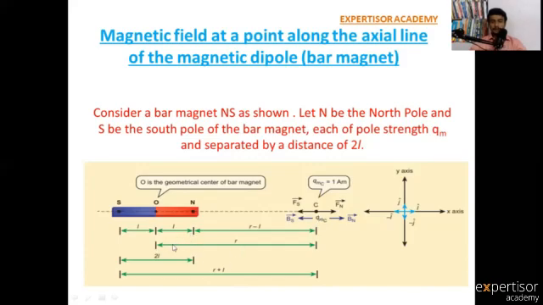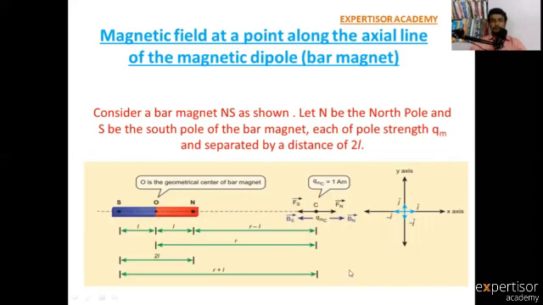So r minus L gives the distance between N and C. Next, the distance between S and C is r plus L. This is the two-dimensional representation of the force directions in positive x and negative x, positive y and negative y. This is the field lines representation of force and magnetic field.